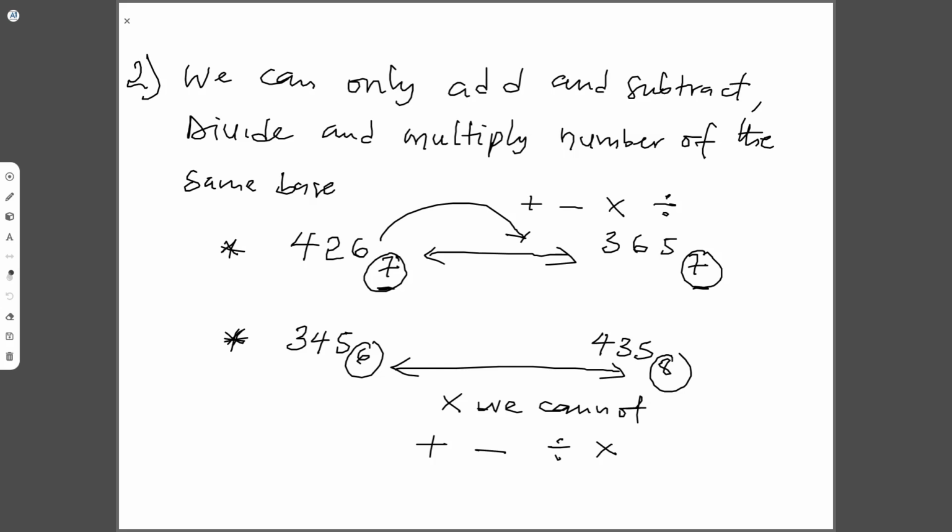Why? Because we have base 6 and we have base 8. They are different bases. So for us to perform the basic operations in number base, the bases of the numbers have to be the same. That's the second tip. The third tip.